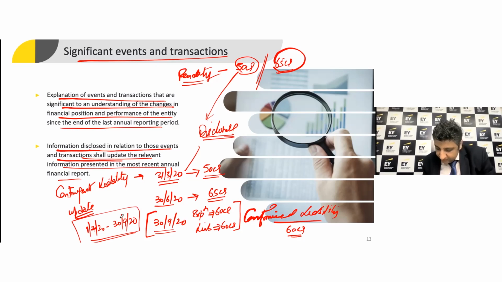You need to recognize this as your additional expense because it pertains to a transaction or an event that took place before, but the measurement has only happened during this particular quarter. Now think of the consequences. In your quarter one, there is no impact, but in the quarter two, suddenly there is an expense of 60 crores arising in your books.